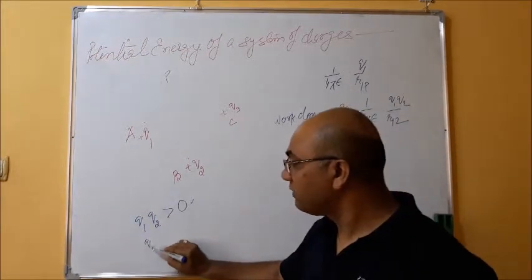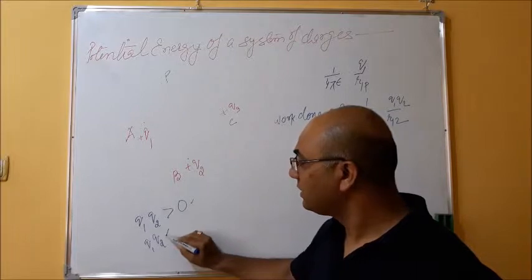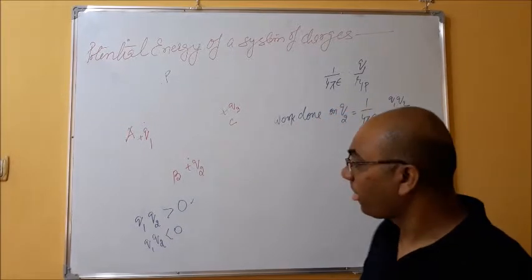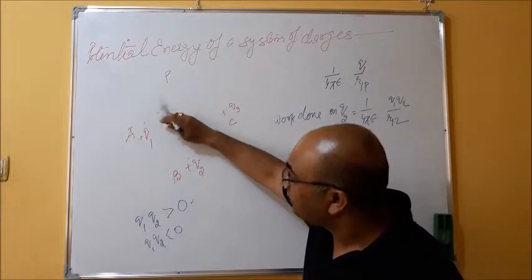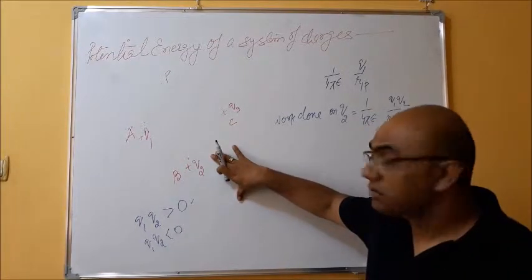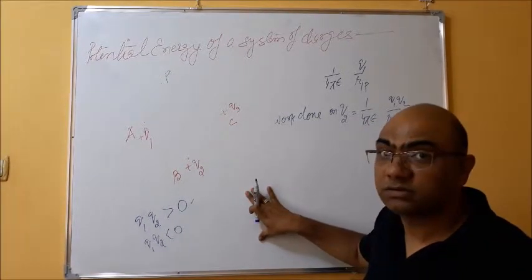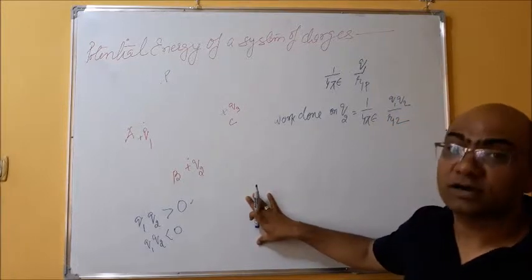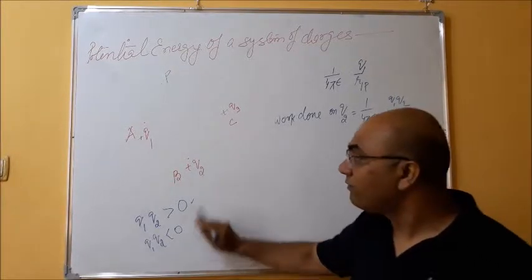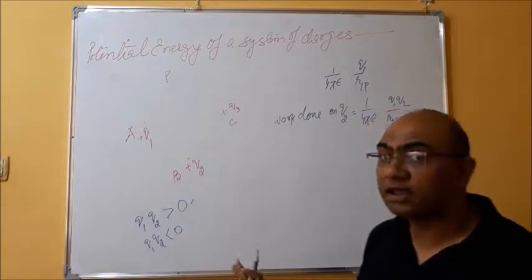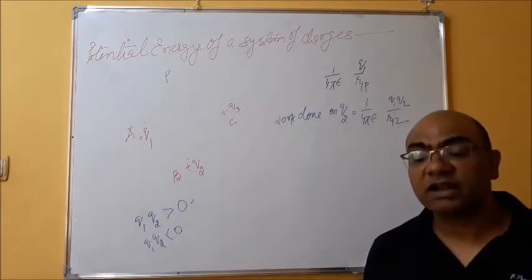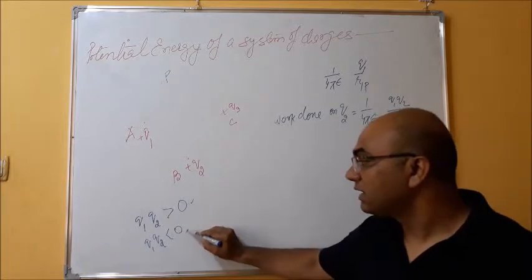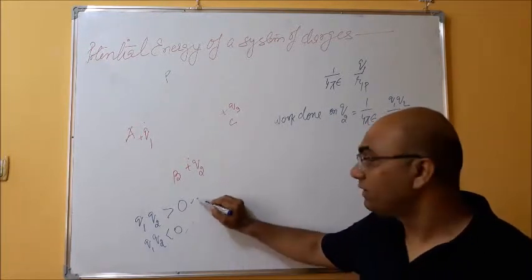If one is positive and one is negative, then we will get this less than 0. So when both are positive, they will repel each other, so we have to do some work, right? And if one is positive and one is negative, they have an attractive force, and in this case the work will come out negative.